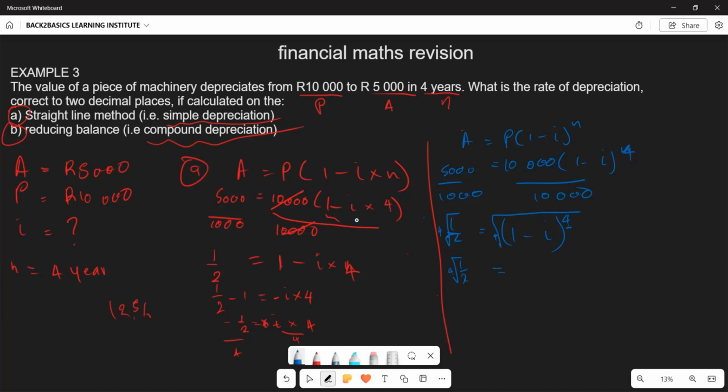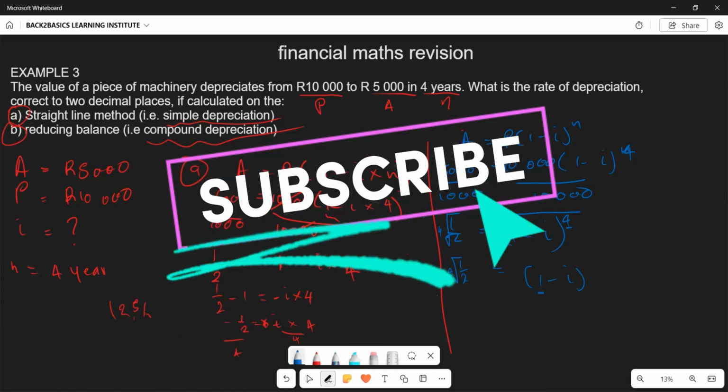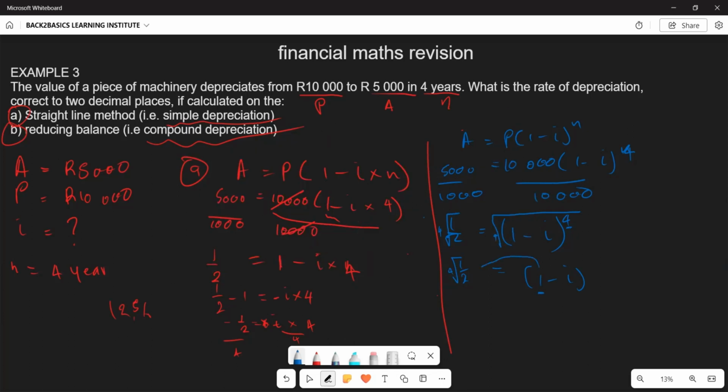Then this other side is going to be equal to 1 subtract your I, right? Then you are going to take this 1 and transpose it to this side. There is no need now to write the brackets because you've already removed the exponent, right? So this is going to be the 4th root of half subtract 1 is equal to your negative I.